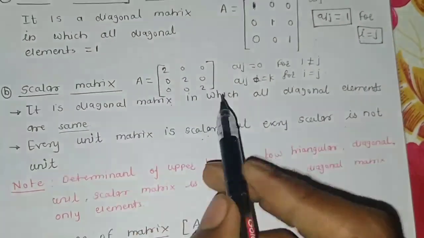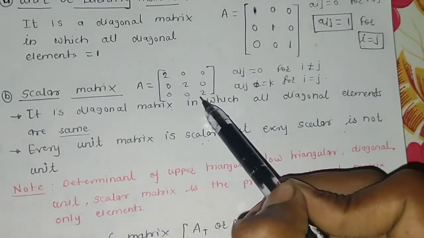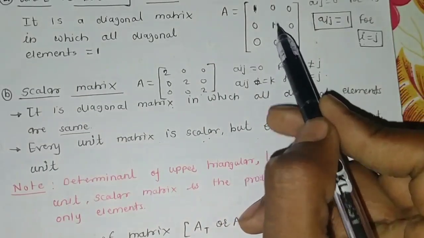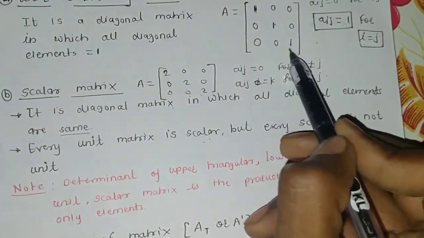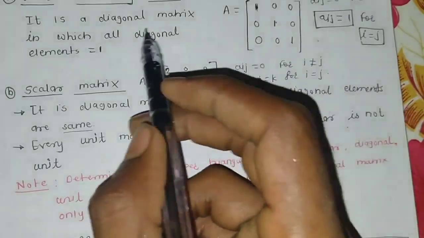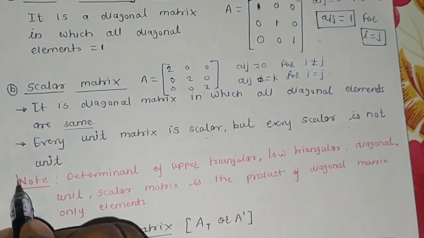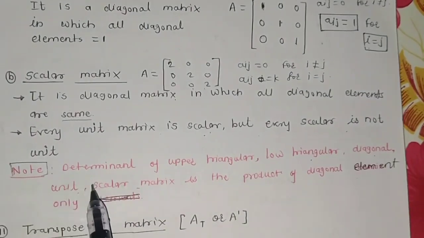So simple. A unit matrix can be scalar, but a scalar matrix need not be a unit matrix, because the diagonal element should be 1 only. Then and only then will it be a matrix called a unit matrix. So keep in mind, this is a very important note.